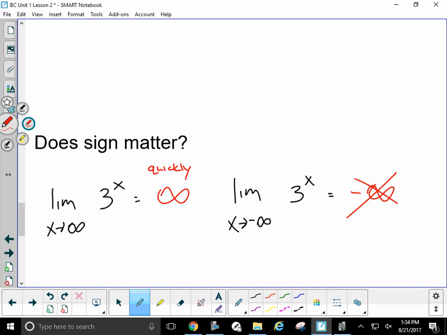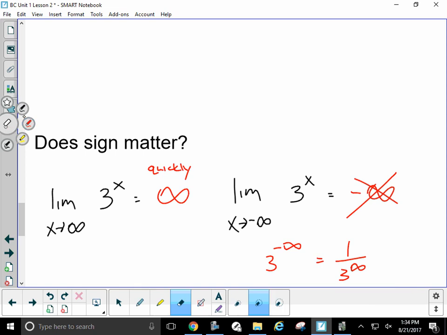What is 3 to the negative infinity? 1 over 3. Exactly. We can use an exponent rule to say that it's 1 over 3 to the positive infinity. What's 1 over an infinitely large number, essentially? 0. That changes everything.